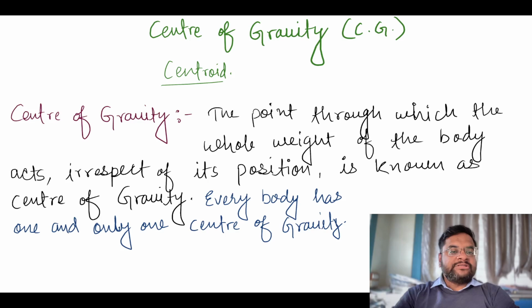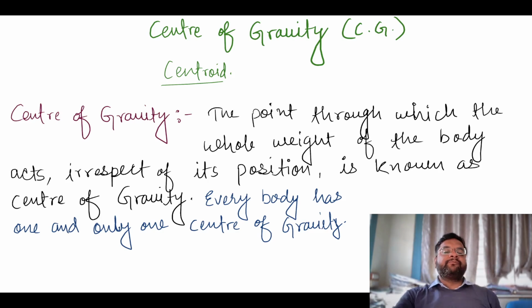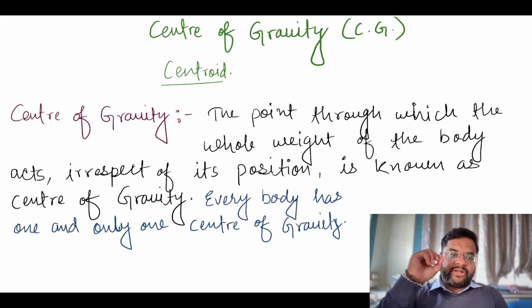For center of gravity, basically there are two terms: center of gravity and centroid. The term center of gravity is introduced for 3D bodies, and the technical term centroid is introduced for 2D bodies. The definition of center of gravity: the point through which the whole weight of the body acts, irrespective of its position, is known as center of gravity.